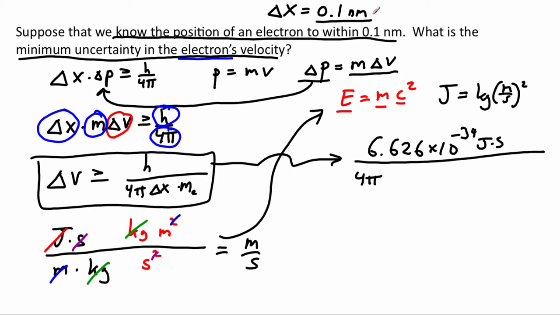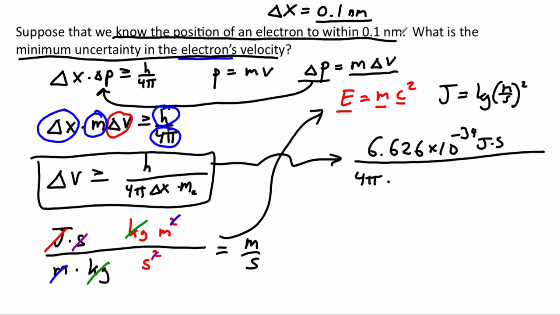That's in nanometers. We wanted to cancel joules with meters, so we better put this in meters. So a nanometer is tiny, so 0.1 nanometers is even tinier, so we better have a small number. How big is a nanometer? Well, there's 10 to the 9th nanometers in a meter.